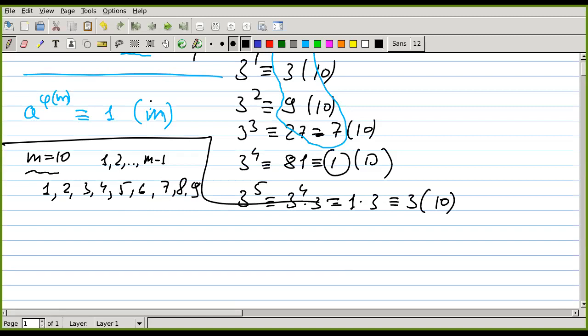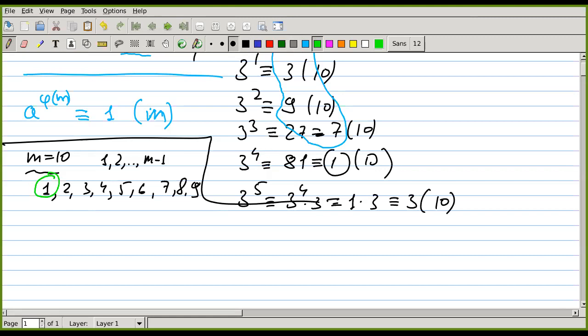So let's consider these 9 numbers. Which of them are co-prime with 10? 1 is obviously co-prime, of course, the greatest common divisor of 1 and anything non-zero equals 1. So 1 is co-prime with 10.